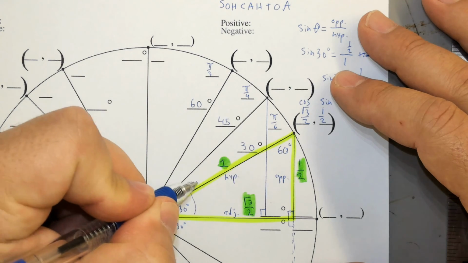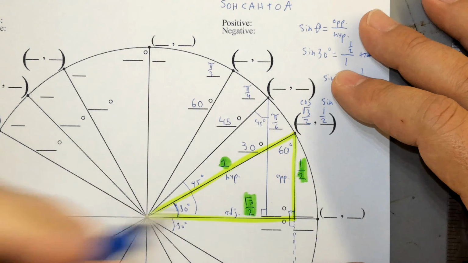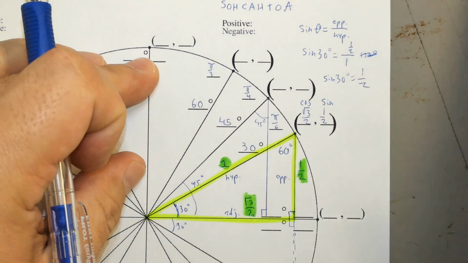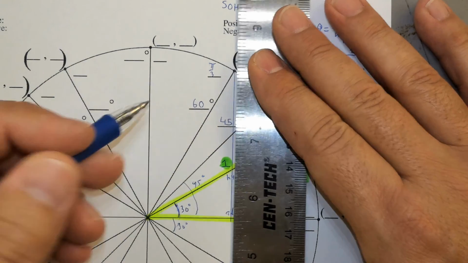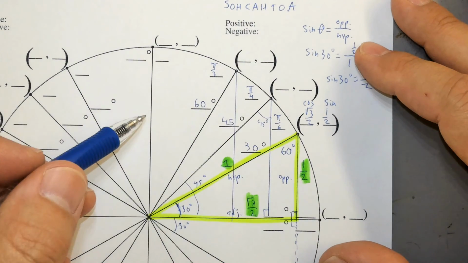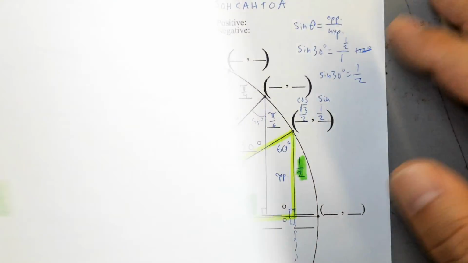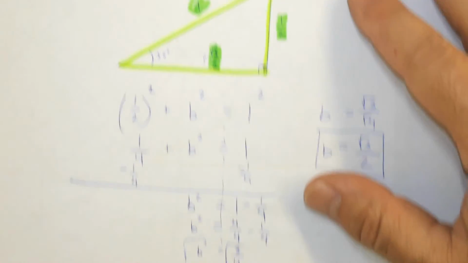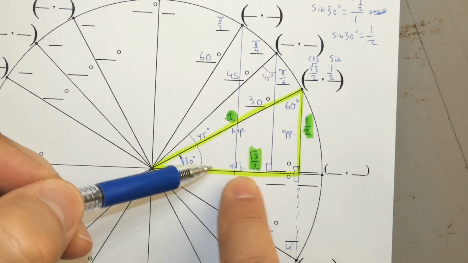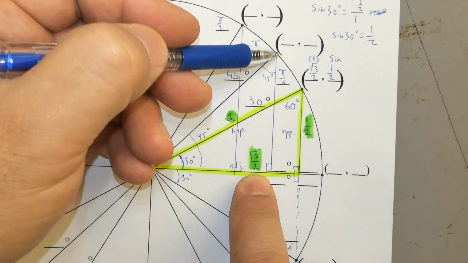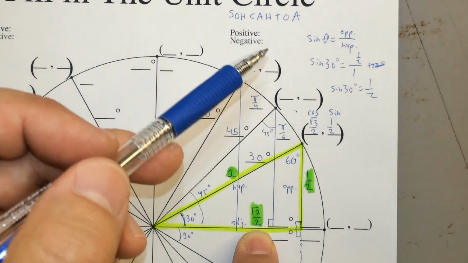This is going to be 45. 45, 45, 90. And then for this one, you're going to draw this, and then go ahead and use, same thing, we're going to set the triangle up on a separate sheet of paper. I want you to draw it, use Pythagorean Theorem, and then write down each of the x component and y component for your triangle, and then come up with your coordinate points for this and this.